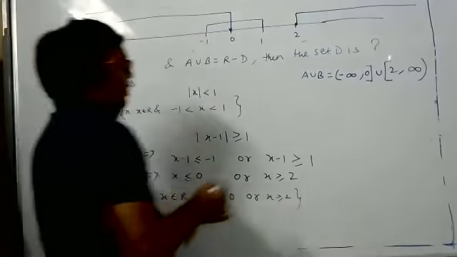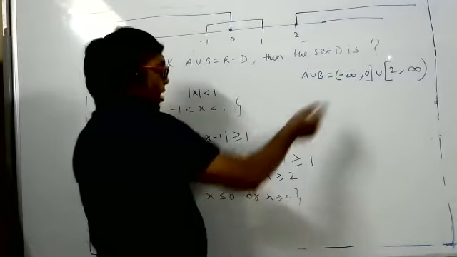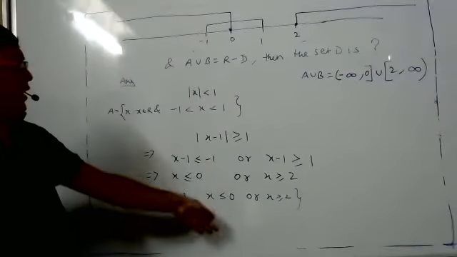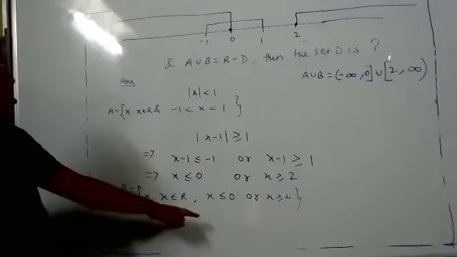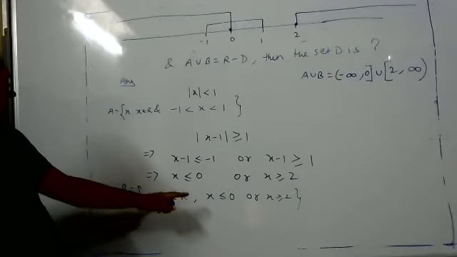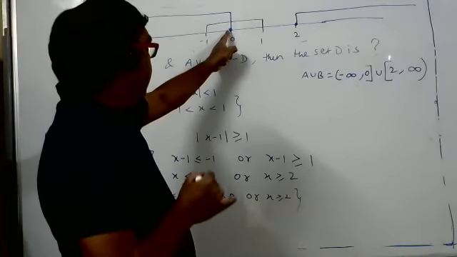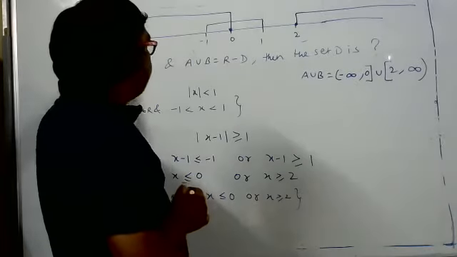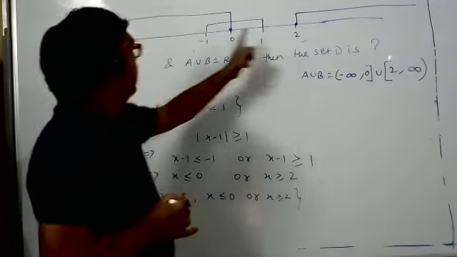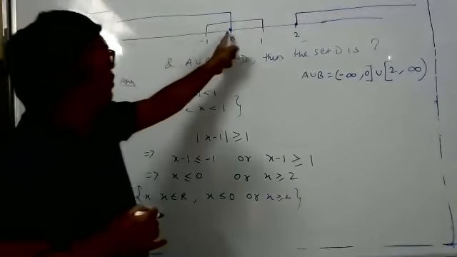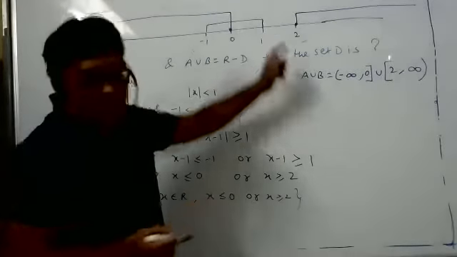But what about the numbers between 0 and 1? It does occur, somewhere it occurs. So we should not stop at 0. Some student told me till 0, but we have to go from minus infinity to 1. So minus infinity to 0 and also till 1. I made a mistake.